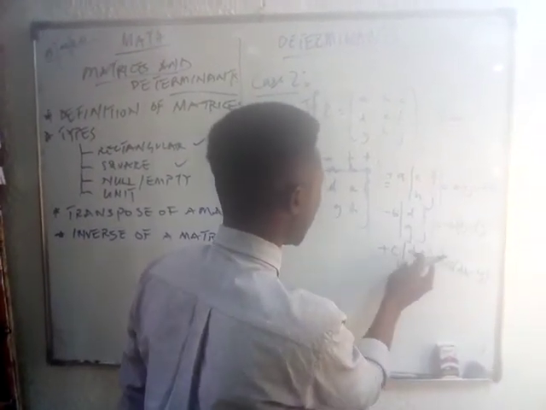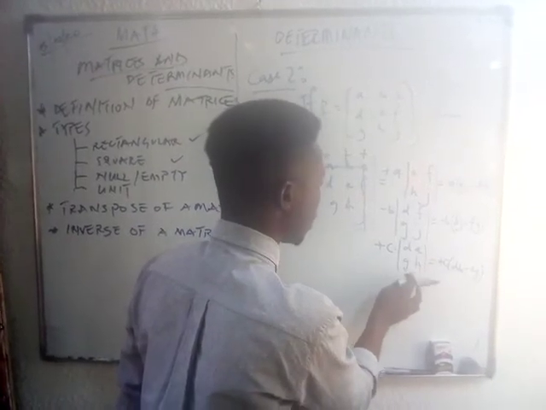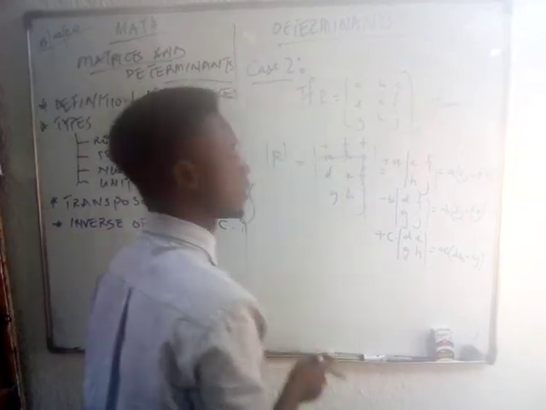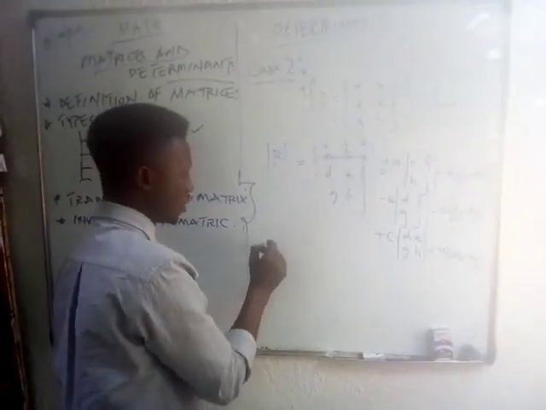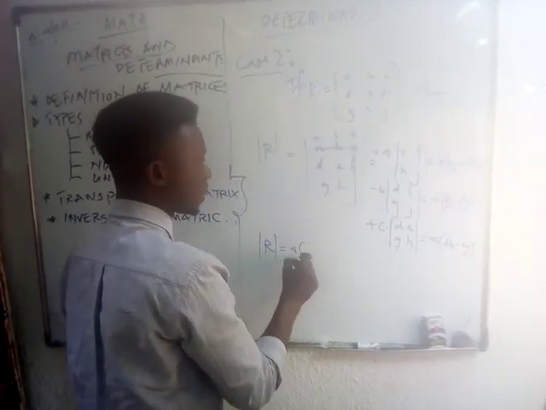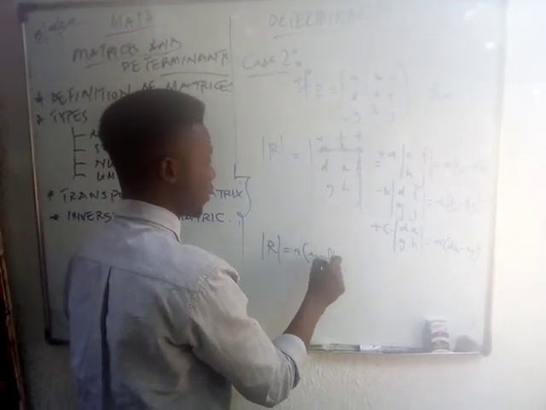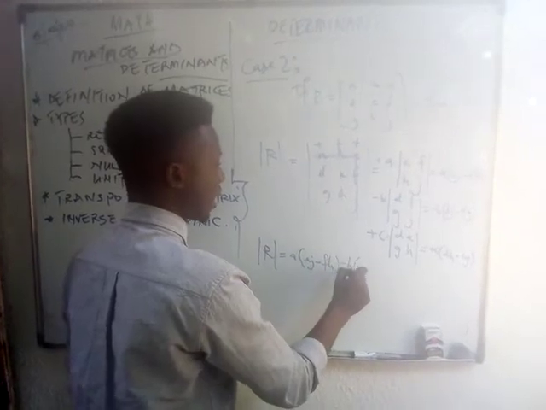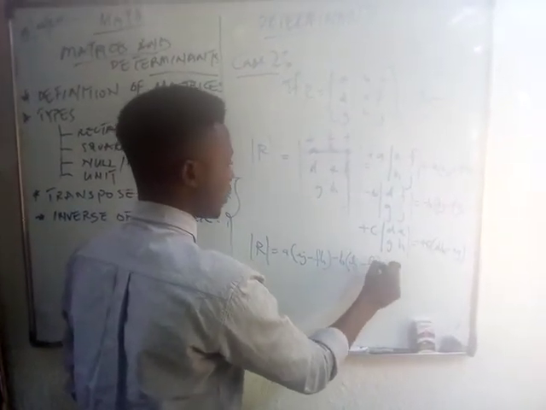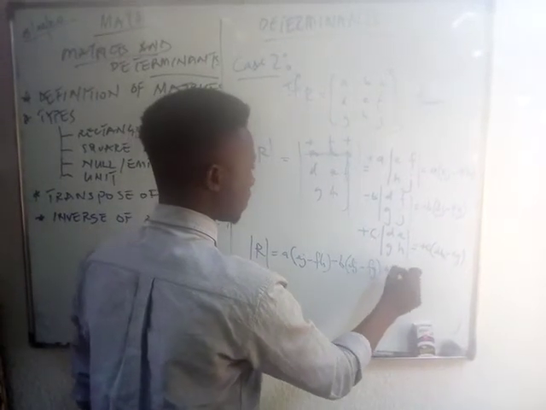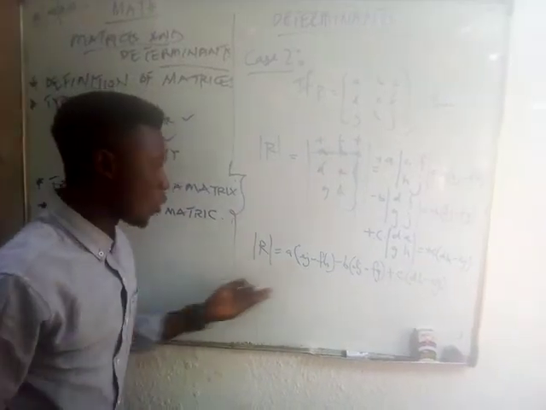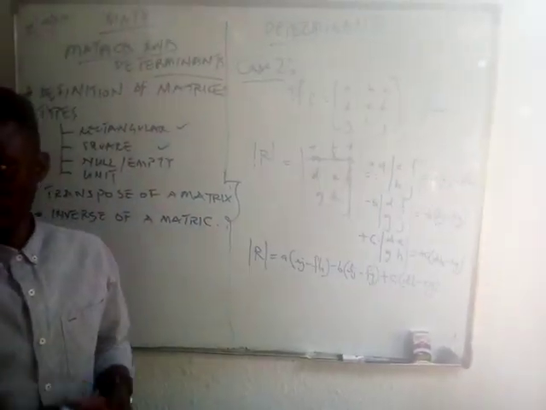Sorry, C. DE, then GH. So it's DH minus EG. So which means the overall determinant will simply be what? A times EJ minus FH, minus B times DJ minus FG, plus C times DH minus EG. It's as simple as that. You work this out and you get your final answer.